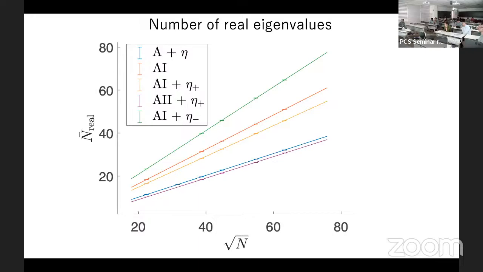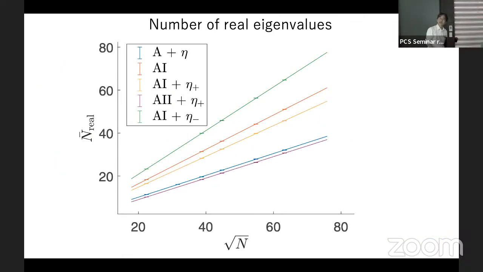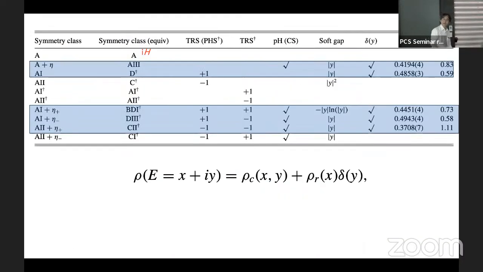Yes, there are. We can distinguish several classes from the singular values, but the singular values also show a superuniversality.